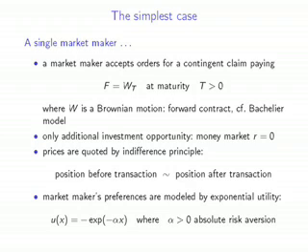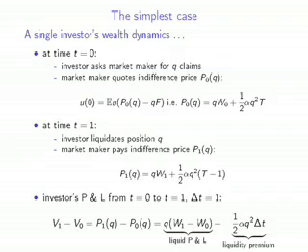Now comes along an investor and wants to deal with this guy in a dynamic way. So at time 0, for instance, the guy could ask the market maker, okay, please sell me Q of those claims F. So the market maker will say, yes, of course, I can do this. The price is P0 of Q, and how is it determined? Well, it's determined by comparing the exposure the market maker had before the transaction.